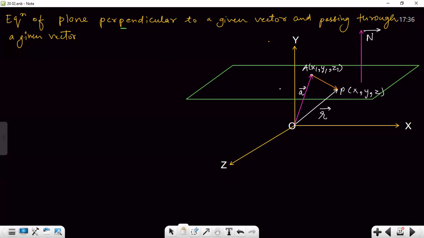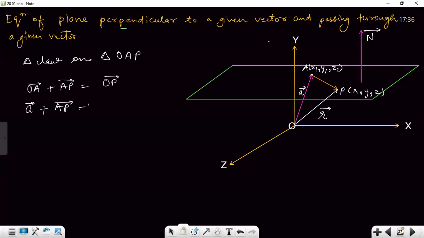First let's find the AP vector because we don't know that. We do so by applying the triangle law on triangle OAP, which says OA plus AP equals OP. OA vector is actually A vector, AP vector is unknown to us, and OP vector is actually the r vector, the general vector. So AP vector becomes r vector minus A vector.